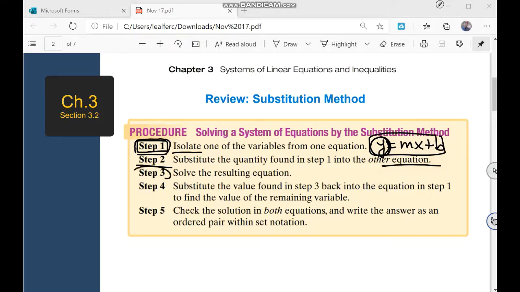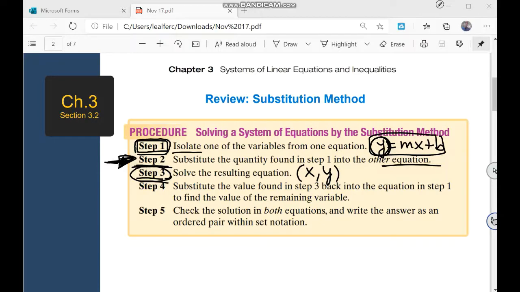Tomorrow, we will work on step number 3, which is to solve the resulting equation and find x and y, whether the equation has one intersection, one point, or no solution, or infinite solutions, depending on the case. So today let's focus on step number 2.